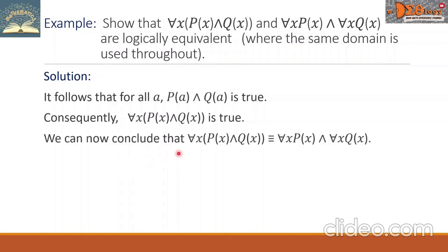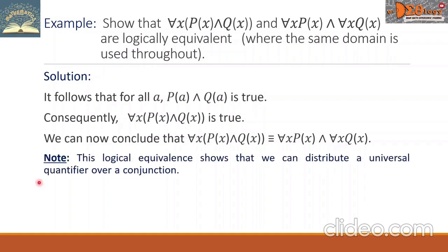We can now conclude that for all x, the conjunction P of x and Q of x is logically equivalent to the conjunction for all x P of x and for all x Q of x. Take note that this logical equivalence shows that we can distribute a universal quantifier over a conjunction.